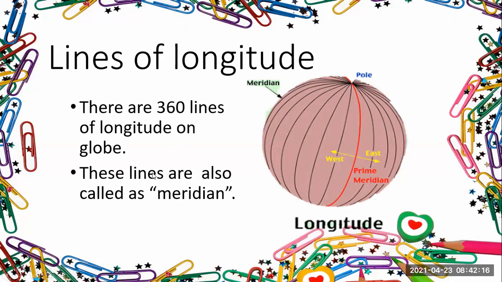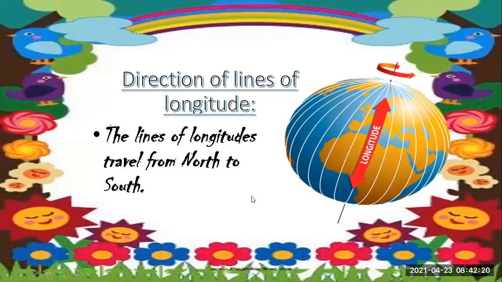After this, we should know that all these lines are called the lines of meridian. What is the direction? We know that these are running vertically, so it is very understood. We know that on the upper side there is north, and on the lower side there is south. Basically, it is not upper and lower, we just locate the places on the map with these directions.